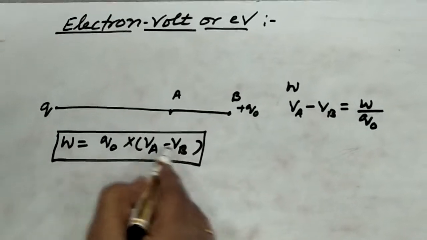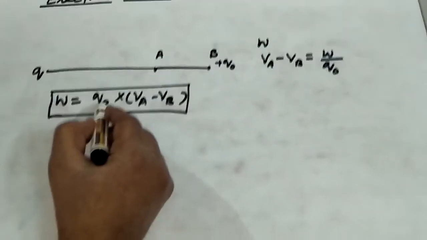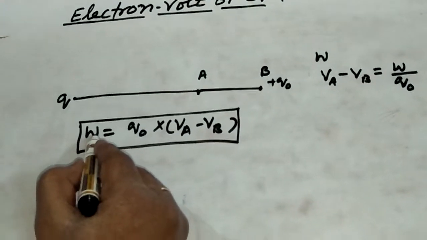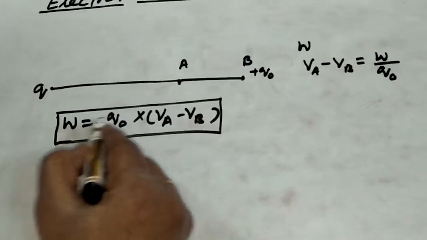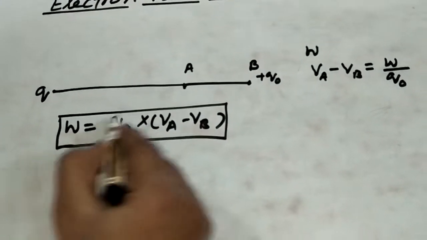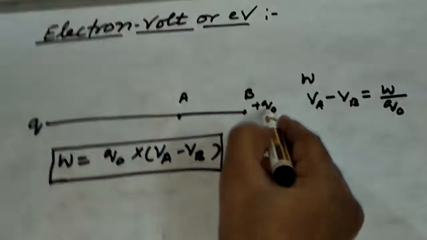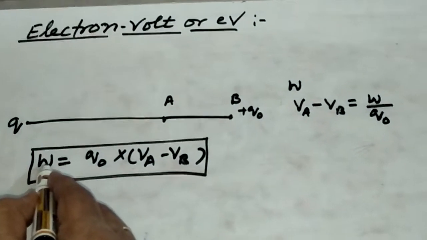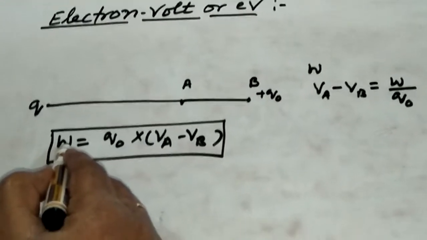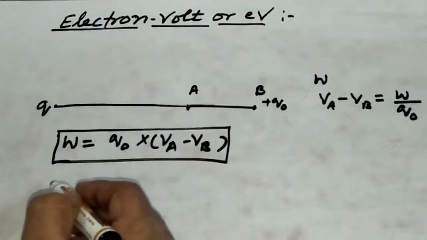Now, here charge is a scalar quantity, and the work is also a scalar quantity. So here you will consider the sign of the charge. If the charge you are taking is positive, then work done will be positive. Work done positive means work is done by the external agent.